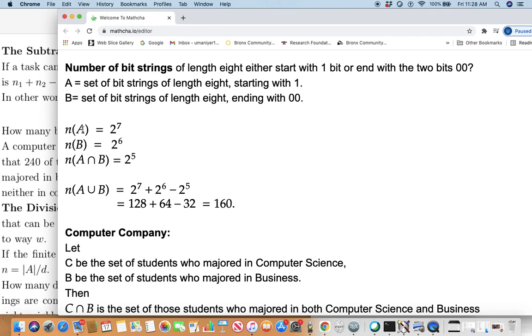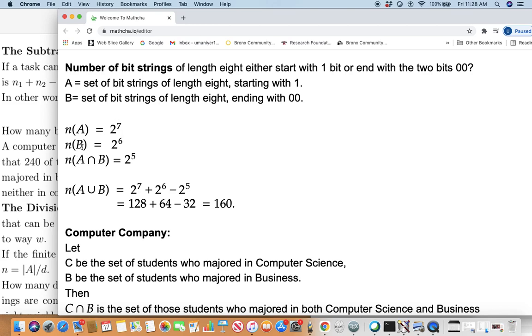So the cardinality of A, that is the number of elements in A, is 2 to the power 7. Why 7? It's an 8 length bit string. But this first one starts with 1, so there is no choice for the first one. You have choices for the second slot onwards. So 2 to the 7th.